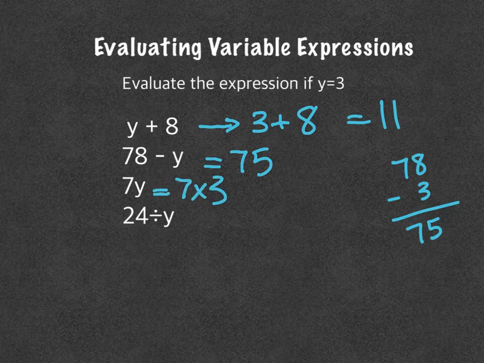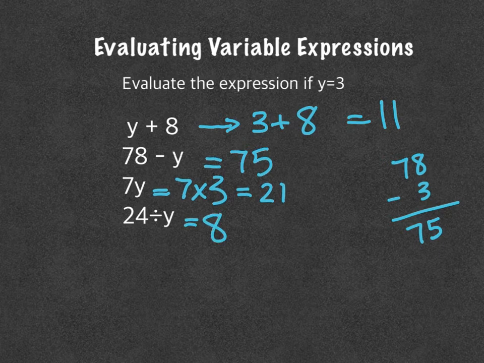One of the reasons they put the variable next to the number is because you have an x as a multiplication sign, which looks really similar to the variable x. So that's why they do it, so that it's not as confusing. So 7y is the same as 7 times 3, which equals 21. Then the last problem with division, 24 divided by y, or 24 divided by 3, equals 8.